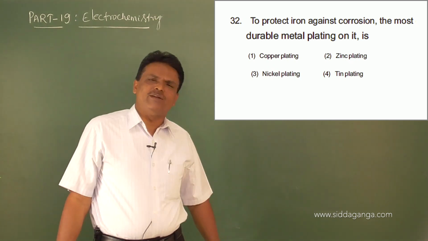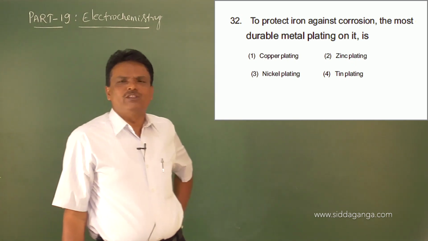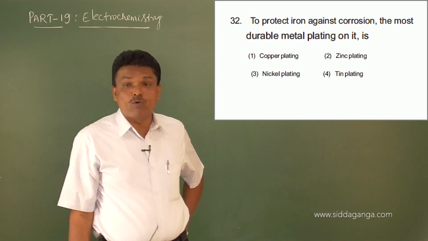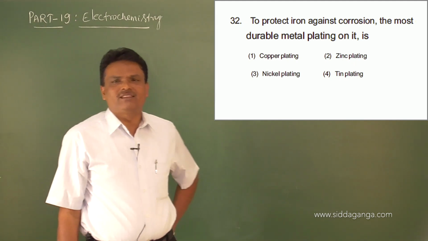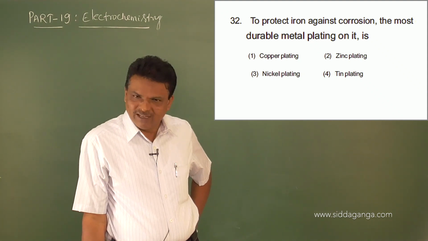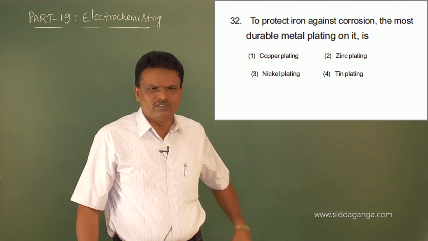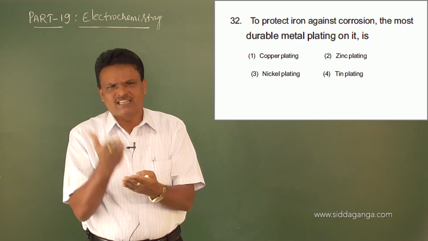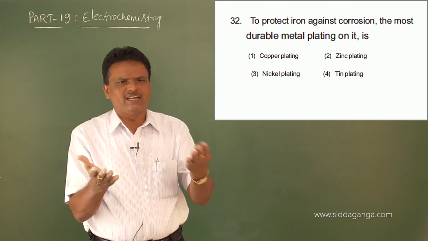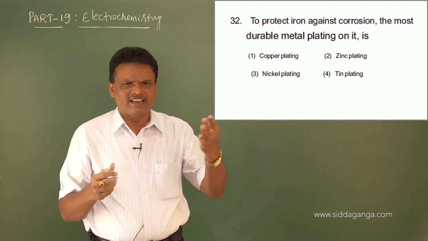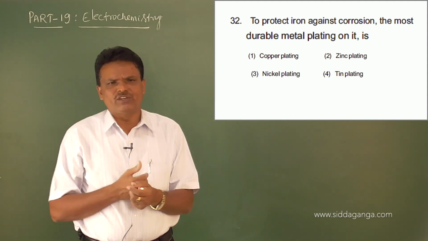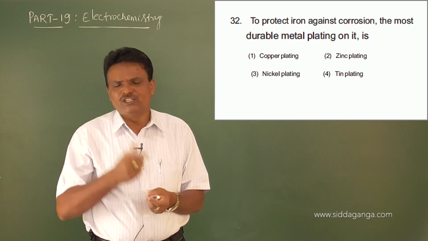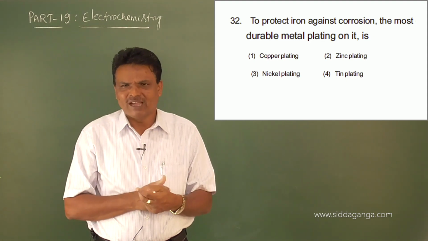So more reactive elements, or a metal with lower SRP value, can be coated on the surface of metal with higher SRP value. This is a general statement. Iron has a higher SRP value, zinc has a lower SRP value. So among zinc and iron, zinc is oxidized, iron is reduced. Our intention is to prevent the oxidation of iron, that is, rusting of iron. That is why zinc is coated on the surface of iron.